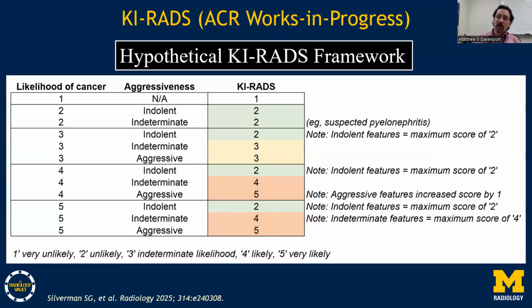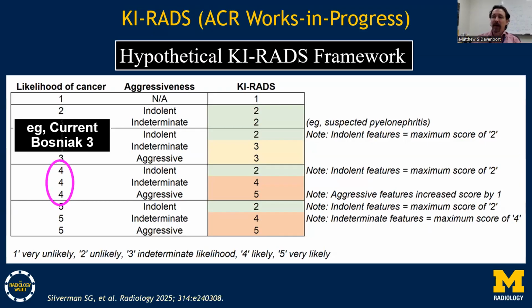So for those reasons, there is a group, including Ivan actually, who's going to be the chair of this committee, that's working on a KI-RADS, or a kidney imaging reporting and data system, through the American College of Radiology. And right now it is a work in progress. What I'm showing on the screen here is not an actual guideline in practice, but it is a hypothetical framework where a mass is assessed for likelihood of cancer, and then we determine what the aggressiveness is, and then we assign the KI-RADS score so that we're getting away from just predicting likelihood of cancer.